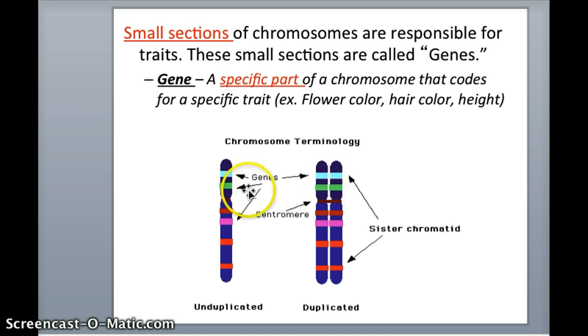The green gene might be for the seed color. This red gene here might be for plant height. This purple gene here might be for if the seed is wrinkled or smooth, and so on and so forth. So every single section on a chromosome has different parts, different genes, and genes can code for different traits.